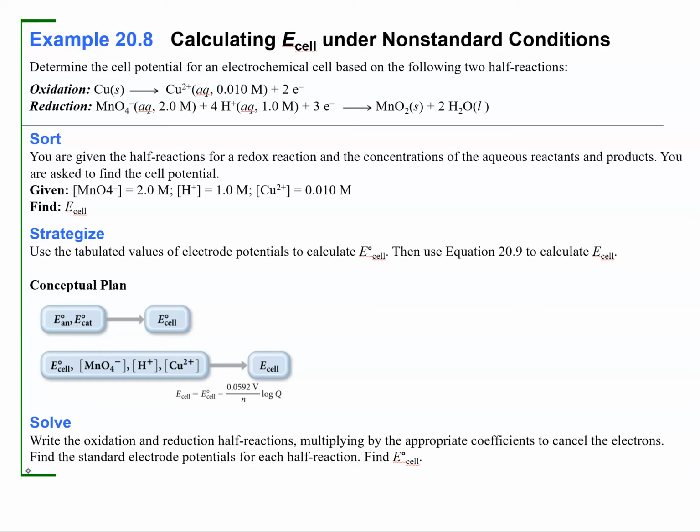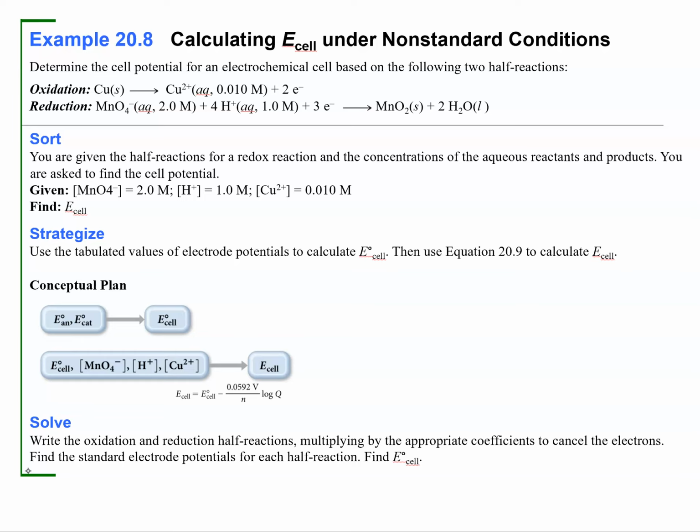And the reduction half reaction is permanganate in aqueous phase at 2.0 moles per liter plus 4 equivalents of protons in aqueous phase at 1.0 moles per liter plus 3 electrons react to form MnO2 solid plus 2 equivalents of liquid water.